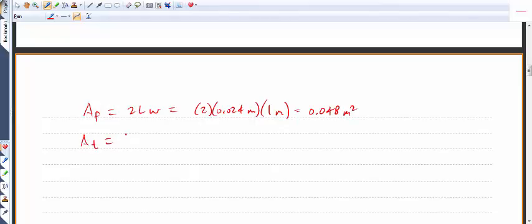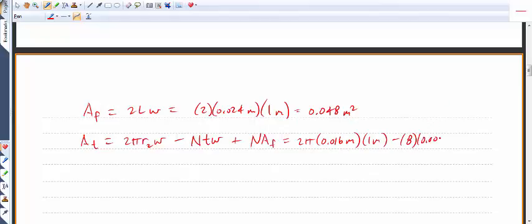The total area, which we know is 2 pi R2 times W minus number of fins times the thickness of the fins times W, plus the area of the fin times n, will be 2 pi times 0.016 meters times 1 meter, minus 8 fins times the thickness of 0.003 meters times 1 meter, plus 8 times 0.048 square meters. You add all these together and you get 0.461 square meters.